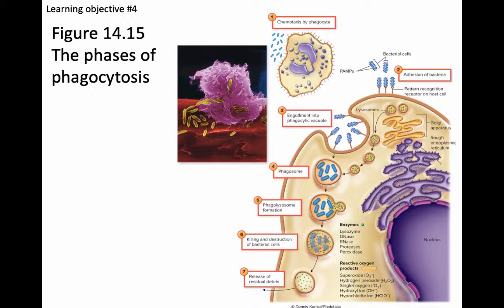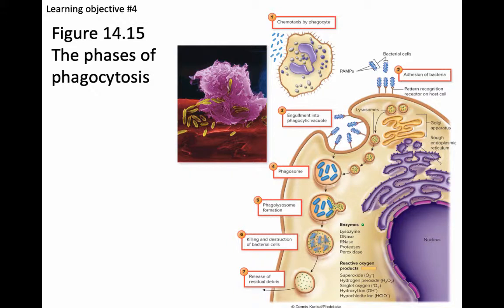Once the microbe is bound to the surface of the phagocyte through this interaction, in step 3, the microbe is engulfed into a vacuole, so it's now in the interior of the phagocyte. And in this structure, in step 4, the microbe is contained within this vacuole, and that structure is called a phagosome.